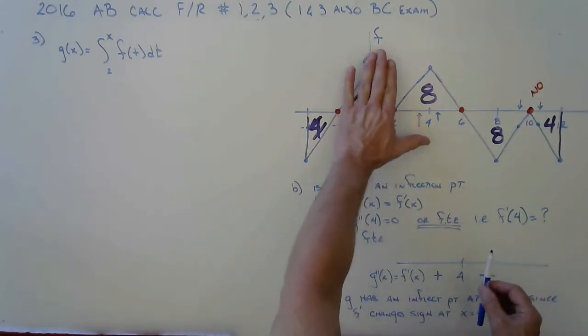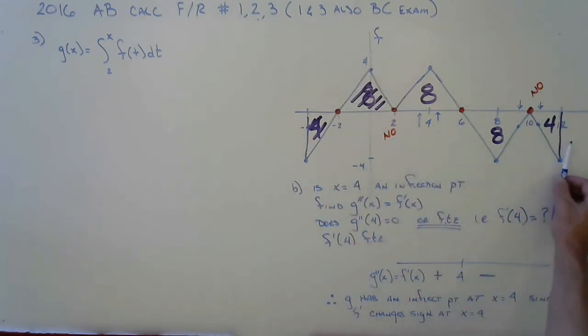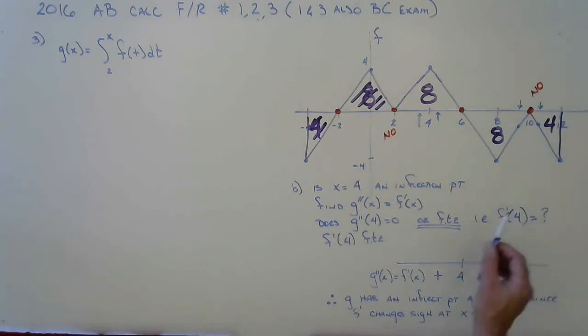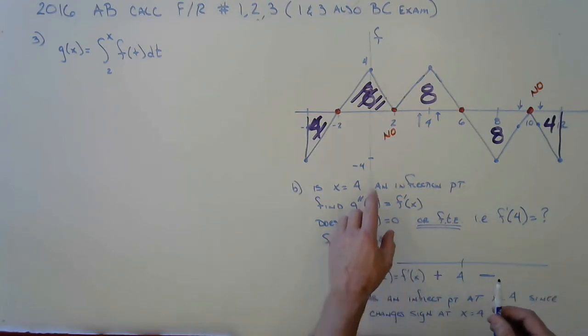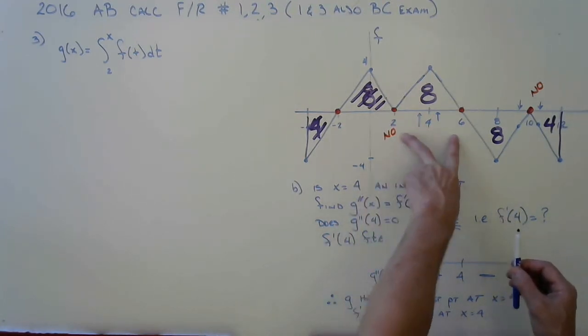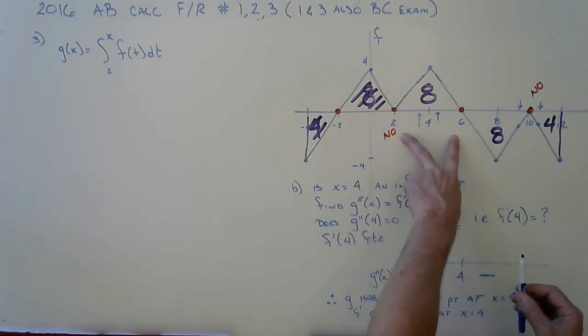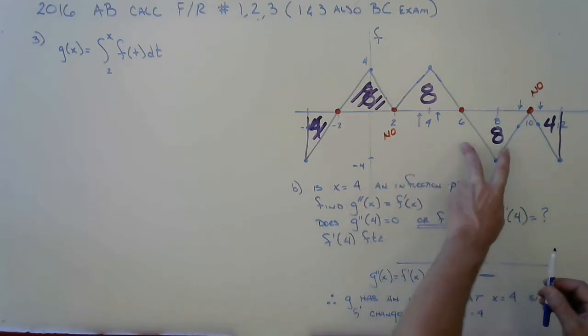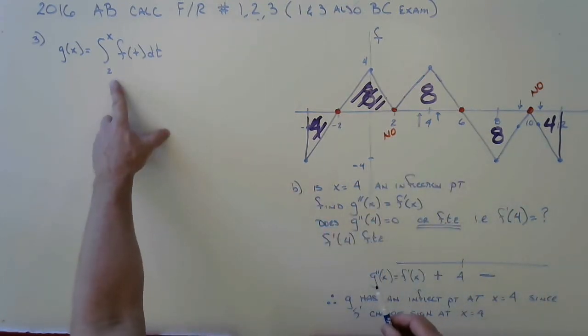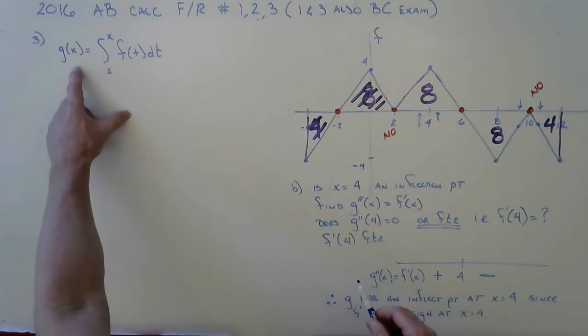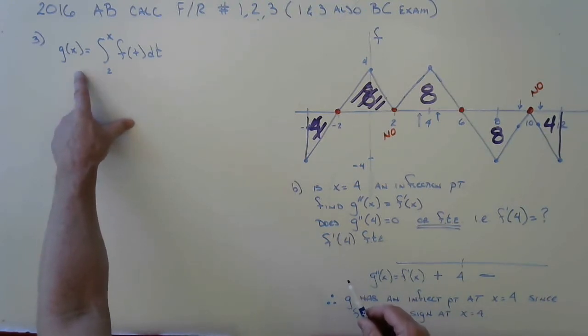Now, if we just start from 2 and go to 12, what do we know? Well, from 2 to 6 we're positive, right? So remember, this has to start at 2 for g. We want to know, when is g going to be negative?